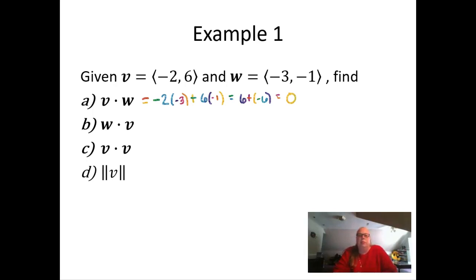Part B, w times v, we're going to take the first coordinate in w, this is -3, and multiply it by the first coordinate in v, which is -2.